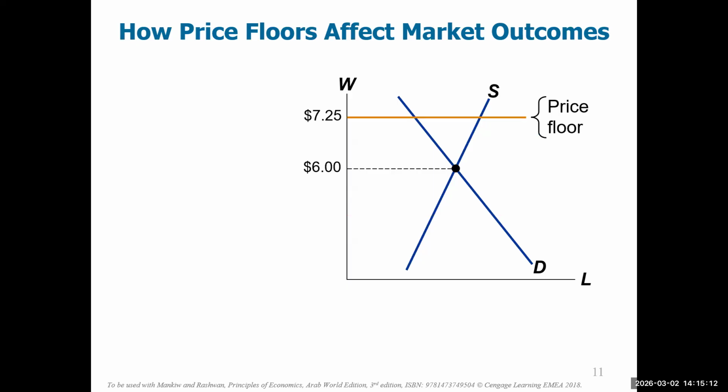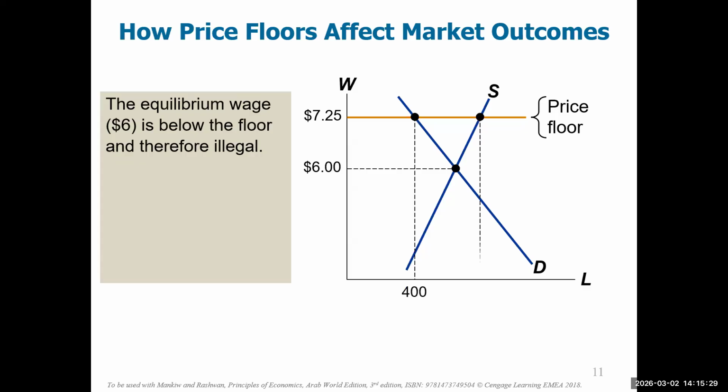So that makes sense. The government will say from today onwards, everybody has to pay these car washing people $7.25 per hour. Now, somebody's going to be happy, somebody's not. The car washers are going to be very, very happy, so they're all going to come and work, and there will be 550 people who want to wash cars. But you guys who pay the money think, oh, it's too expensive now.